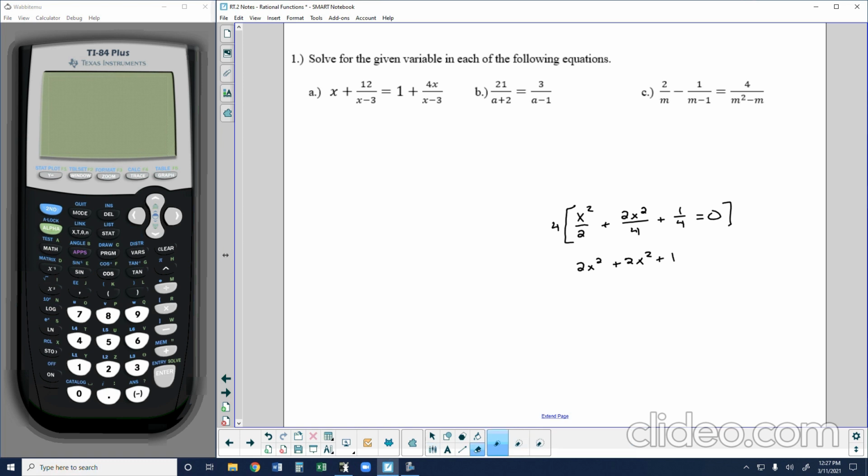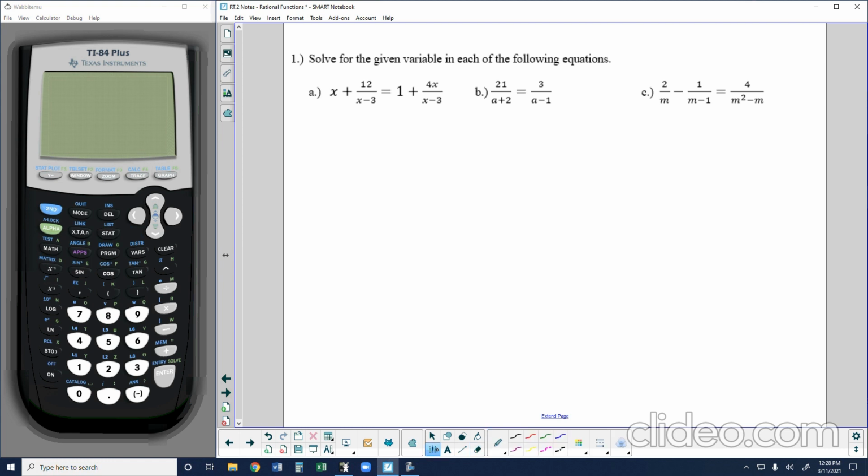We chose 4 because multiplying 2 times 1/2 and 4 times 1/4 gets rid of the fractions. So the goal is to multiply by the least common multiple of the denominators.